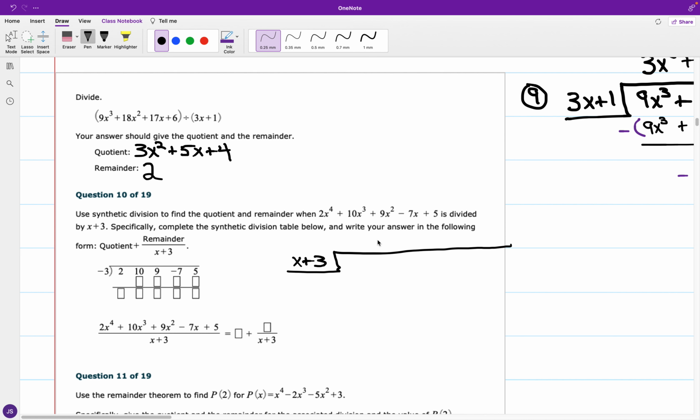Now for the dividend, again, you have 2x to the 4th plus 10x cubed plus 9x squared minus 7x plus 5.